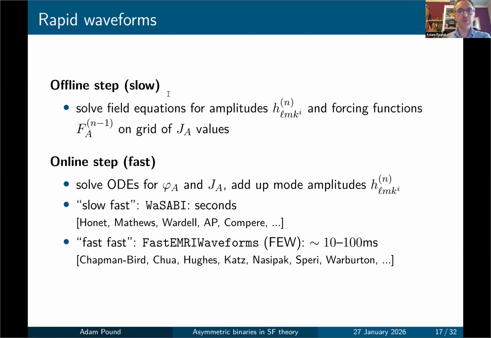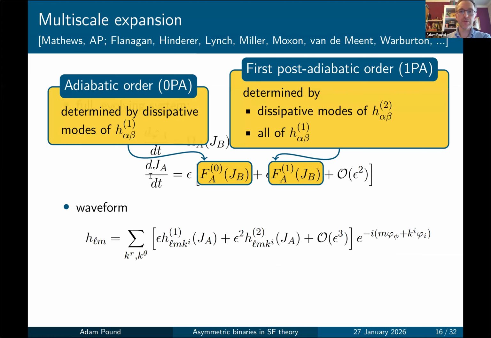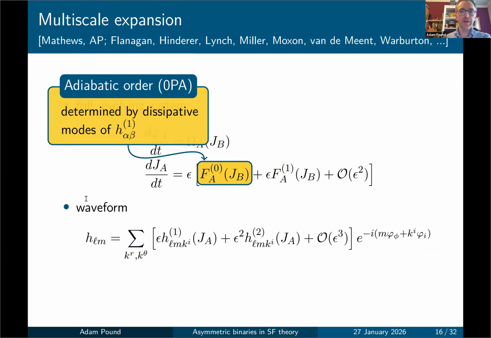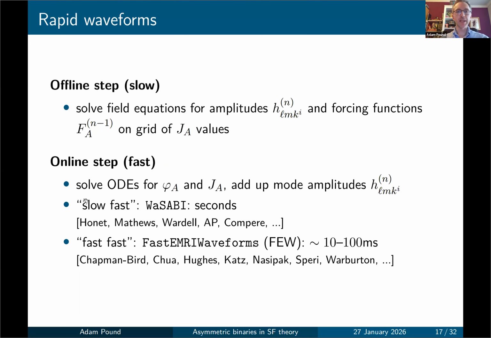In the offline step, we solve the Einstein equations for the waveform amplitudes and for the inputs for these forcing functions. So we pre-compute everything on the right-hand side here, as functions of orbital parameters. That's very slow and expensive, but it's all done in advance.